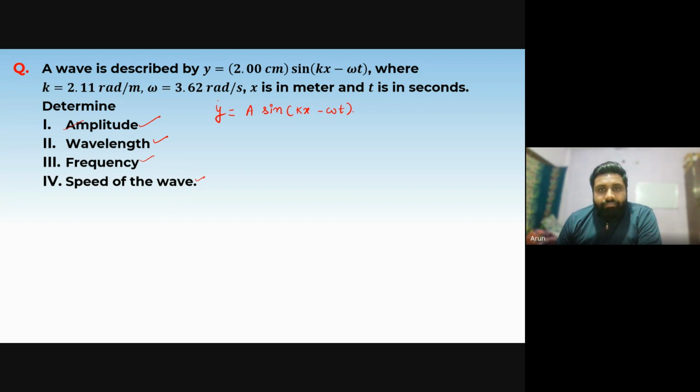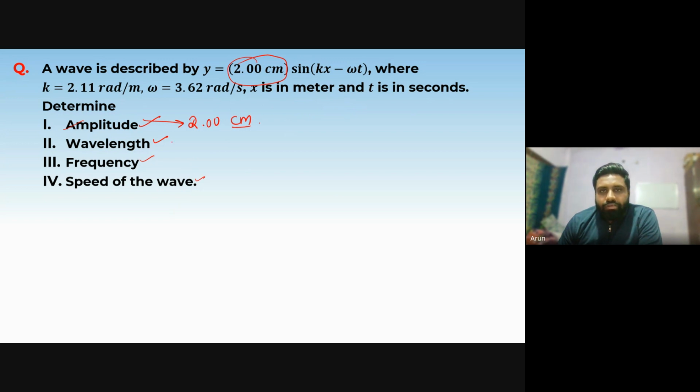So if you compare with this equation, you will get directly the value of A, which is amplitude, and which is given to you as 2.00 centimeter. You can directly say that amplitude is 2.00 centimeter.